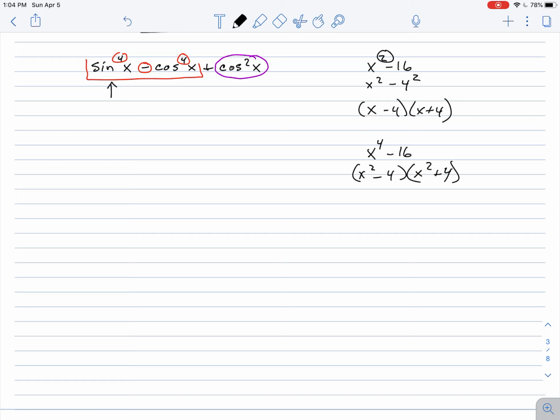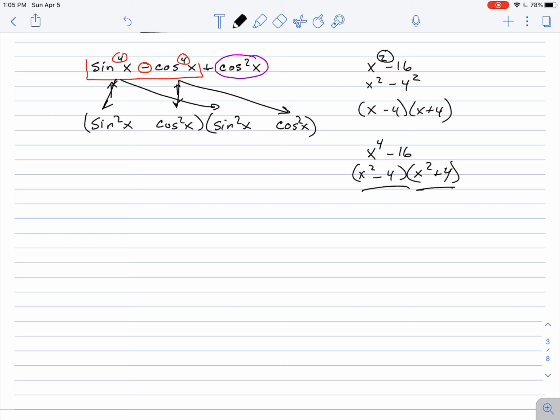I have something to the 4th power minus something to the 4th power, so when I split them evenly, I get a sine squared in each quantity, and I get a cosine squared in each quantity. So this one is splitting up here and here, and this guy's splitting up here and here. And just like the pattern over here, I alternate plus and minus.